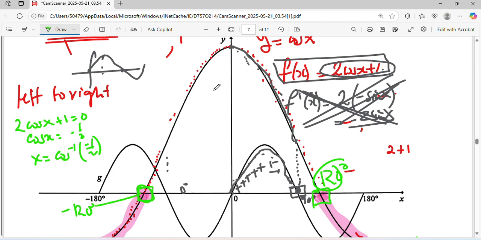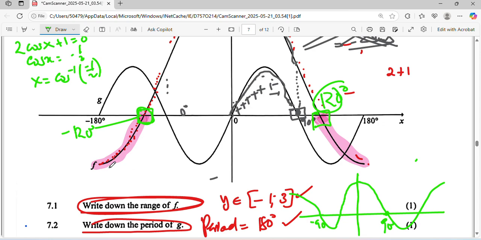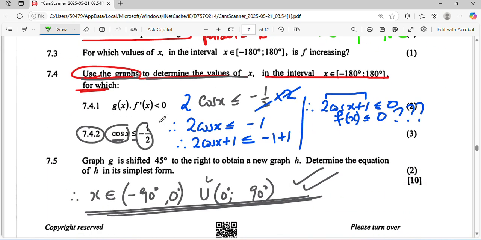Okay, that means for x values from minus 180 to minus 120, for this solution I'm going to write a degree. So x should be an element from minus 180, and it's included, because at minus 180 you're going to include it. Let me first include minus 120. Why am I including minus 120?